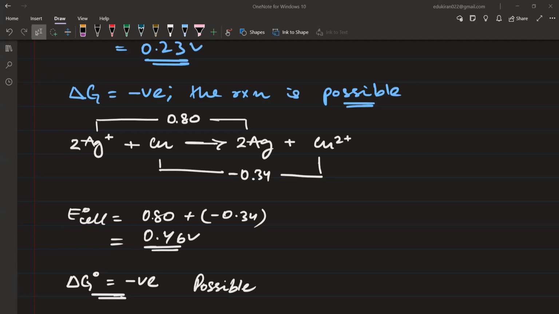If they give you that, then you are going to use that. Generally, copper 2 plus is what reacts, so you can use that also. There is no issue in that, and the answer will be the same. They will generally give you E naught copper 2 plus to copper is equal to 0.34. Here it is reversed, that is why minus 0.34.